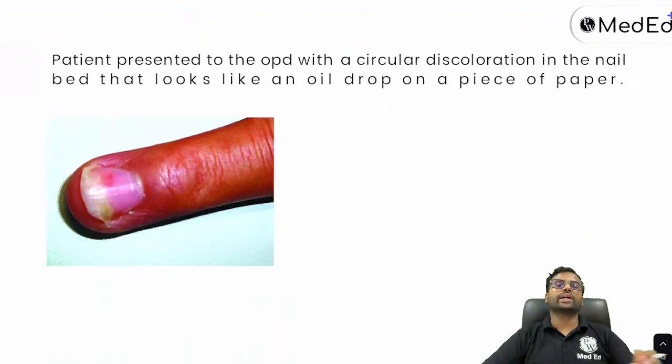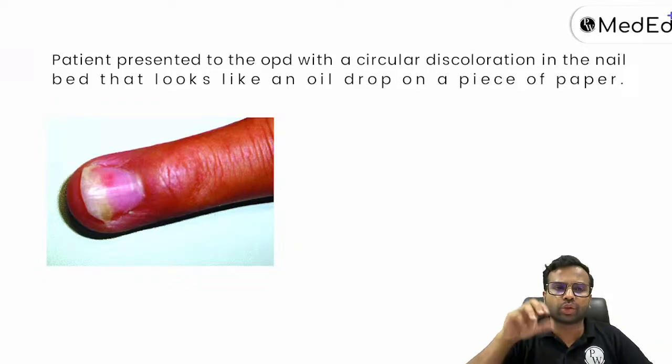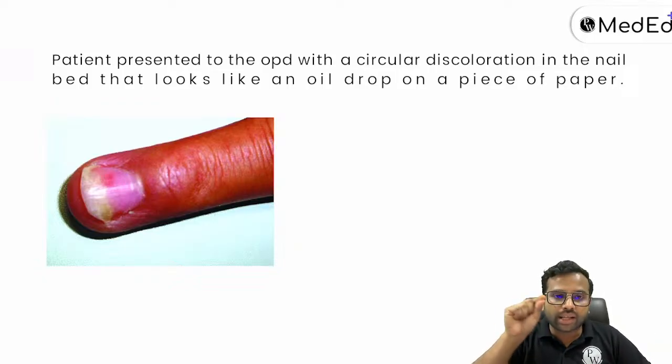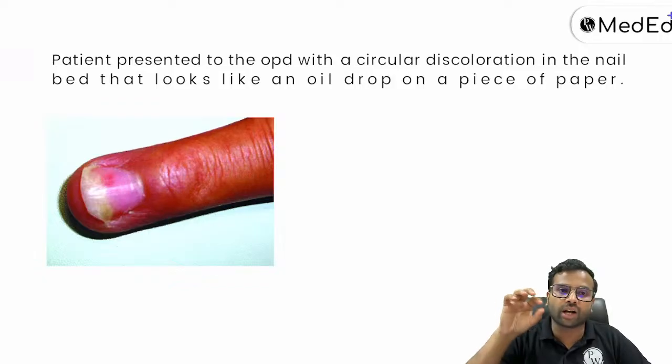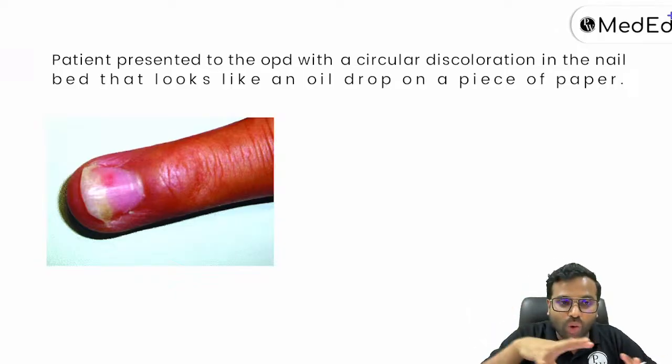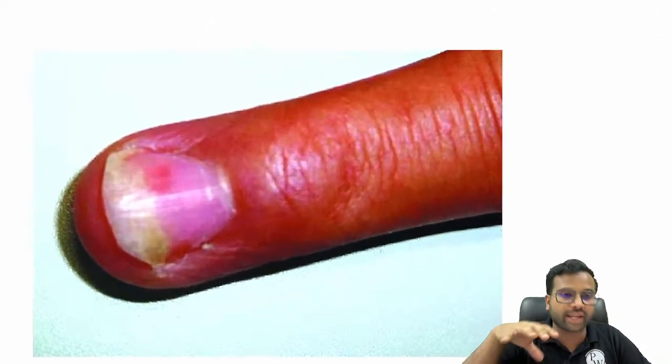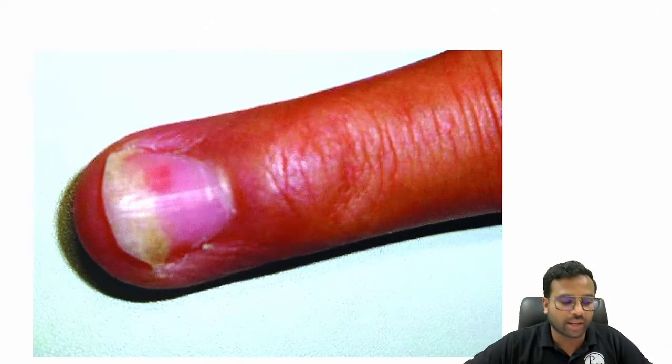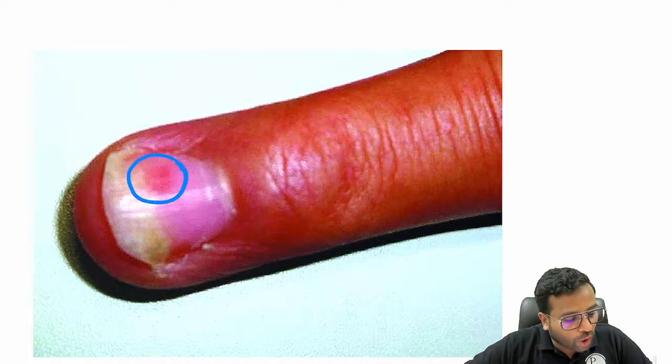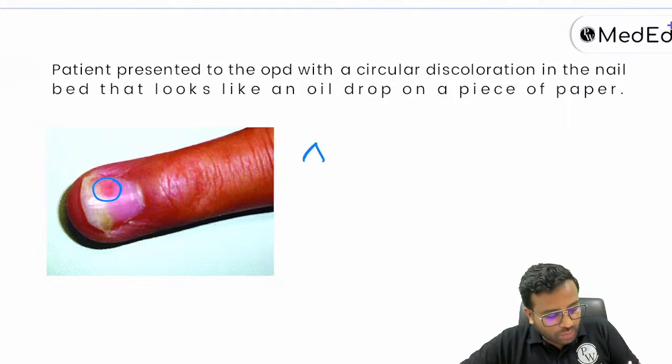Here, a patient presented to the OPD with a circular discoloration of the nail bed that looks like an oil drop on a piece of paper. That is how this nail finding is explained. Quickly tell me the diagnosis first.